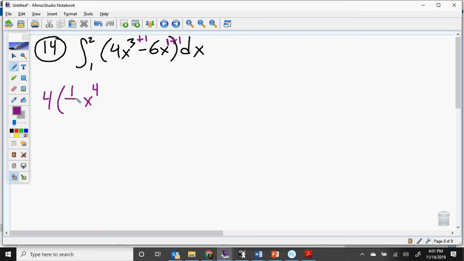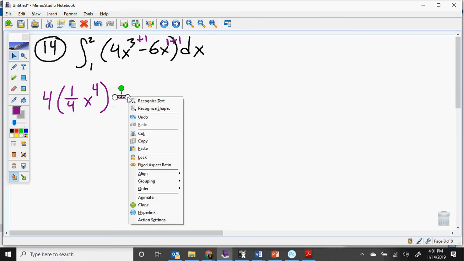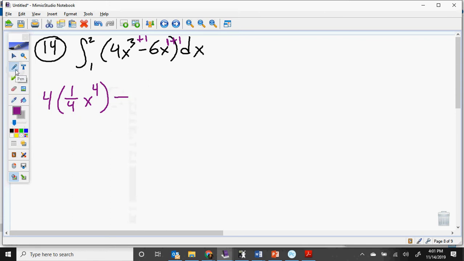Reciprocal is 1 over 4 minus, oops, 6x squared, reciprocal 1/2, and then of course this is all from 1 to 2.